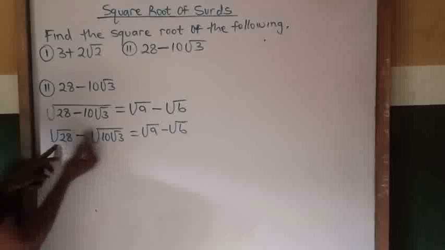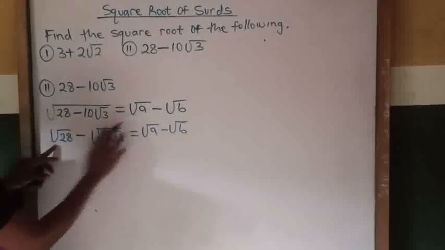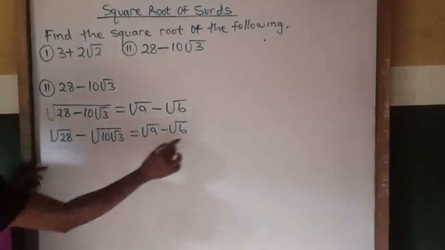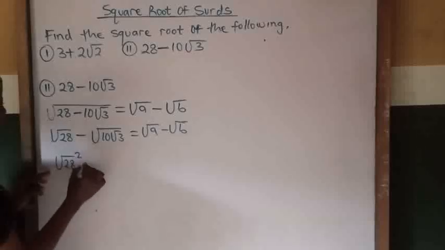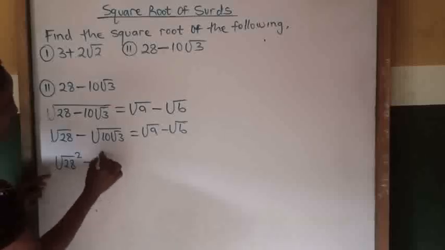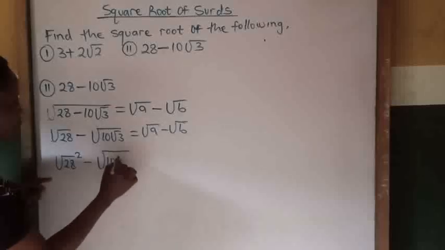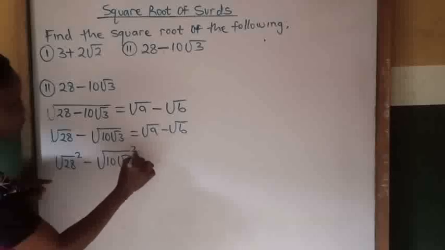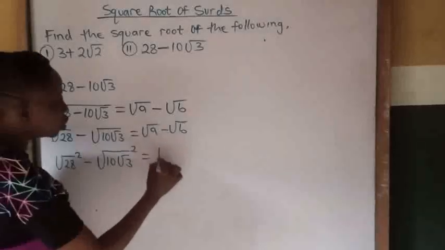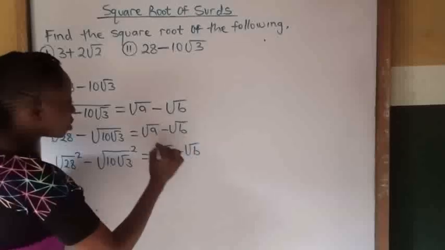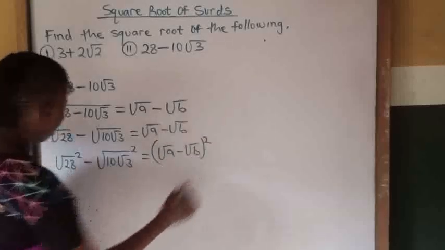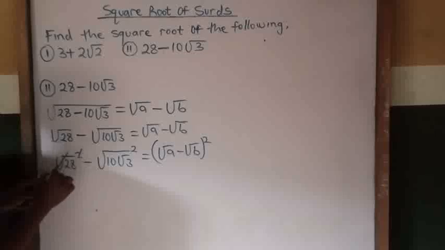So we look for a way to eliminate all these square roots. So we are going to square both sides. So the square root of 28 raised to power 2 minus the square root of 10 root 3 raised to power 2 equals the square root of a minus the square root of b raised to power 2. So these two we cancel square roots.